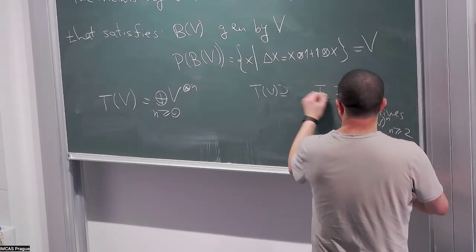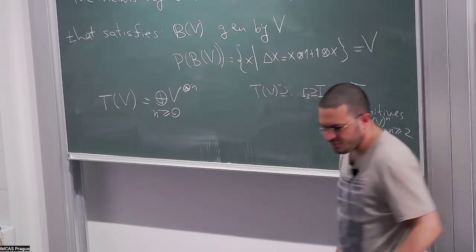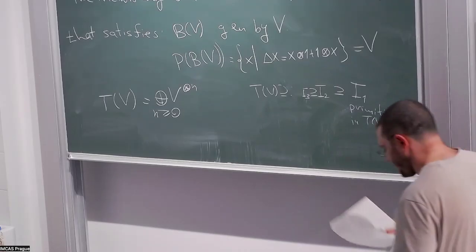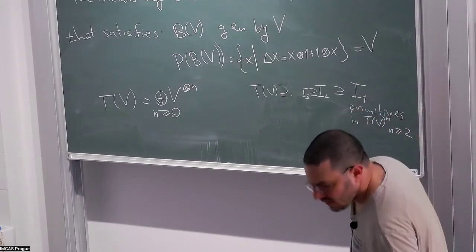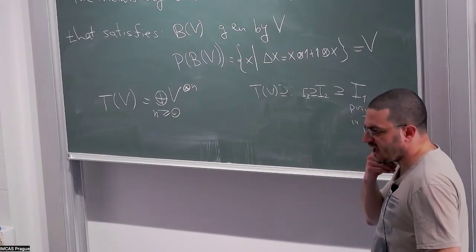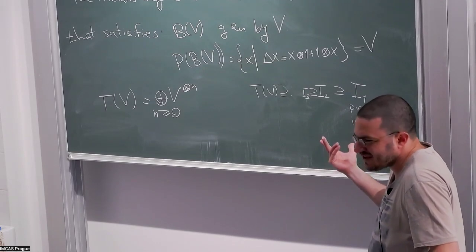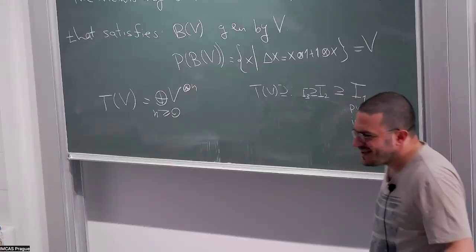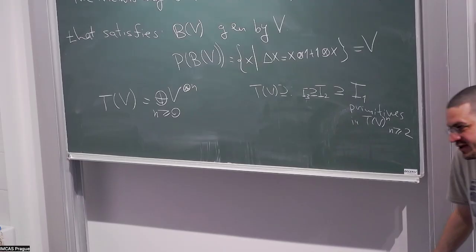And then I have I2, I3, and so on until at some point I reach a quotient of T(V) that only has primitive elements in degree 1. Maybe it terminates after infinitely many stages. It doesn't matter. It still works. You have a chain of ideals, just take the union. It will still be an ideal.